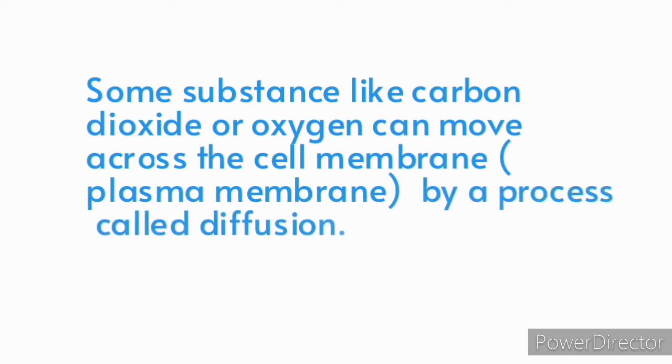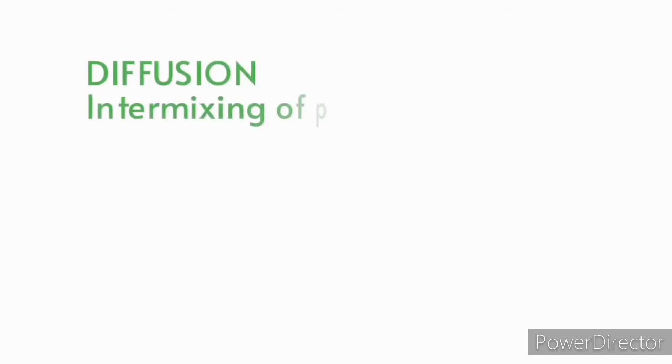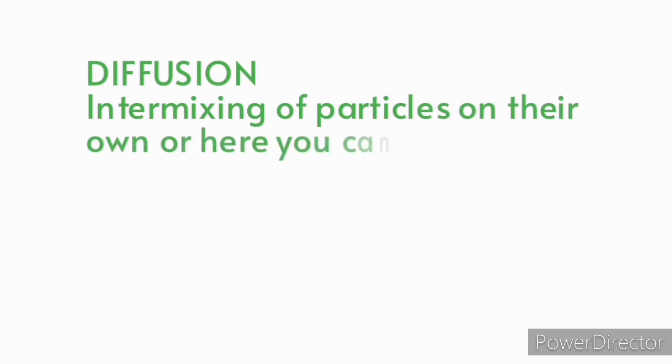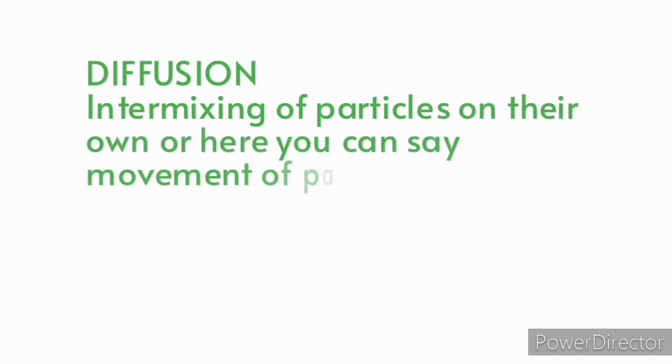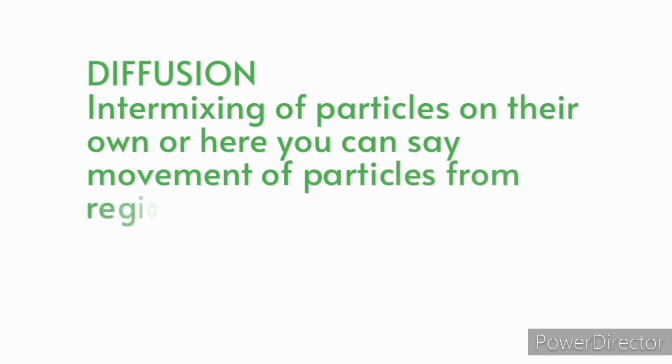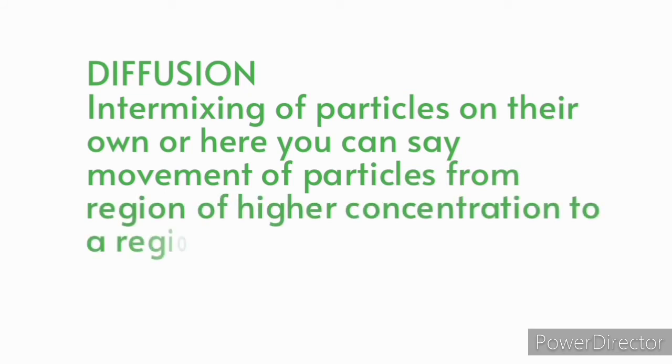So what is diffusion? Diffusion is the intermixing of particles on their own, or here we can say movement of particles from a region of higher concentration to a region of lower concentration.